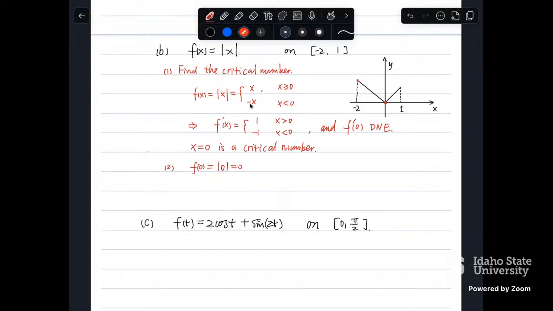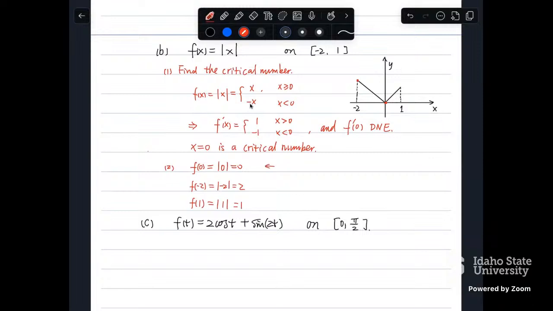So we have two endpoints. f of -2 is the absolute value of -2, which is 2. f of 1 is the absolute value of 1, which is 1. Based on these three values, you can easily see this is the minimum and this is the maximum.